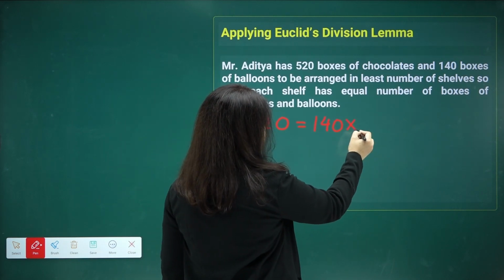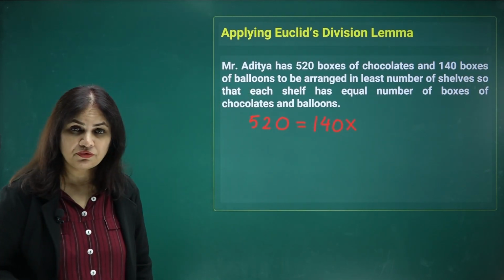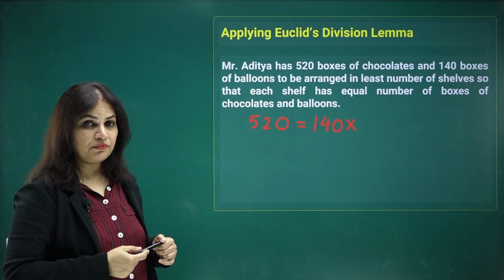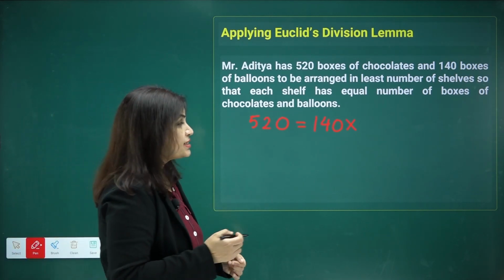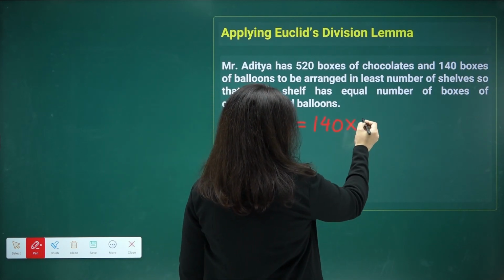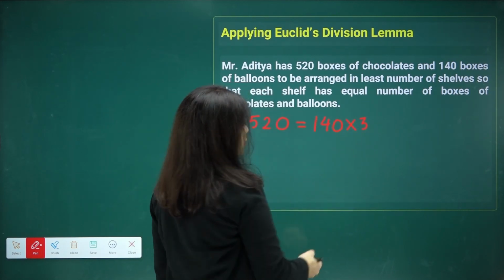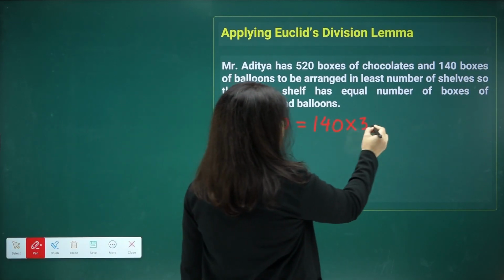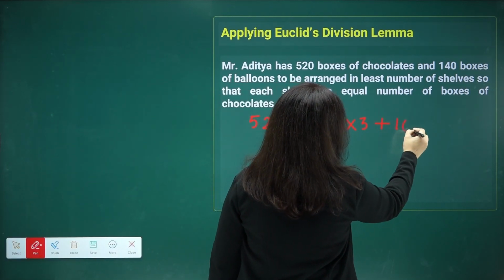I know 520 is not an exact multiple of 140. So the least number with which 140 can be multiplied is 3. 140 into 3 will give me 420, but to make it 520, 100 more has to be added.